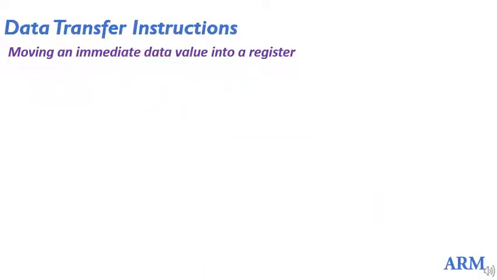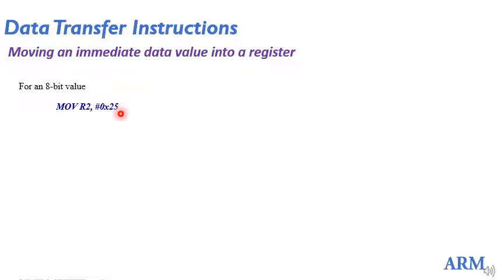Next is moving an immediate data value into a register. There are different forms depending on the size of the immediate value. Suppose you want to move an 8-bit value to a register, then the instruction is MOV R2, #0x25.